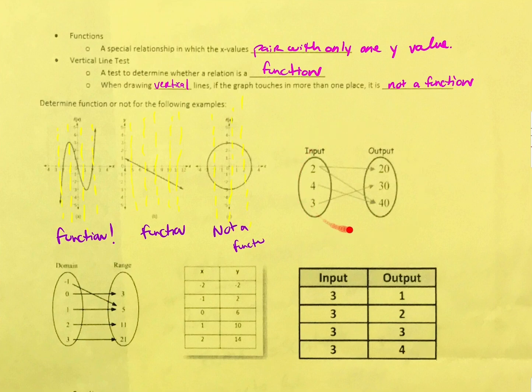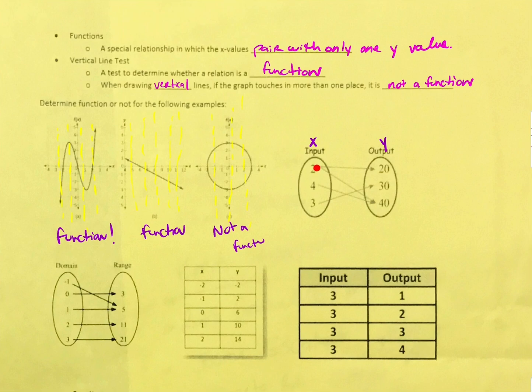Now, when we look here, this is called a mapping, an input and output. So X and Y: X is known as input, Y is known as output. Remember that by definition, a function is a special relationship in which the X values pair with only one Y value.